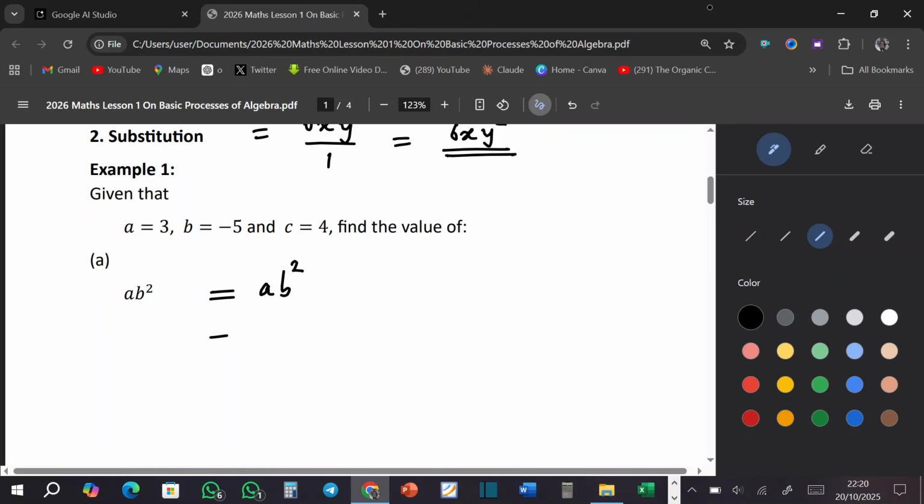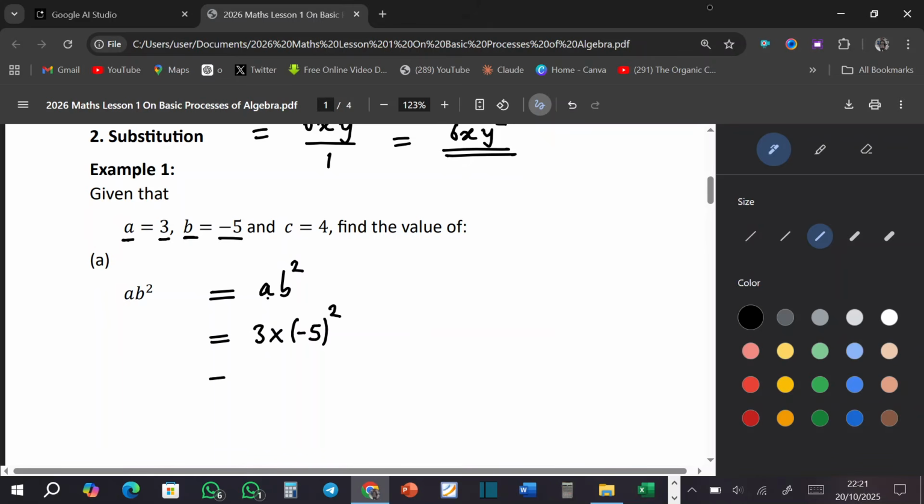You say equals, a is 3, so where there is a, you put 3. Then between a and b in the middle there's times. Then b is -5. Since there's a power there, you put brackets, there's a power 2 there.